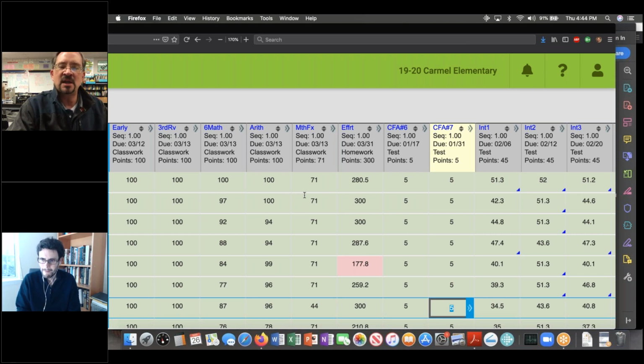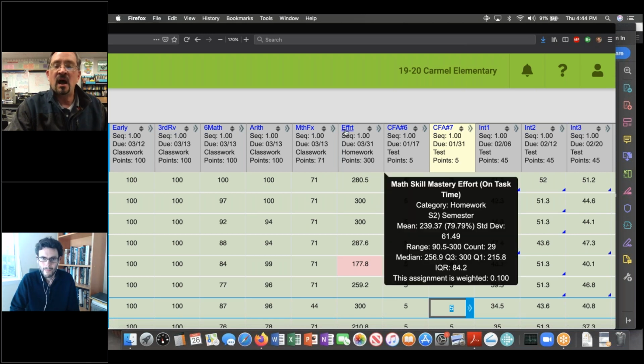This is math facts. I use a separate third-party math facts program: add, subtract, multiply, divide, fraction, decimal, percent conversions, things like that. And then I also grade effort, and that's in a slideshow in a second, but I may as well talk about it right now. I give an effort grade, and it's based on how hard the class is working.